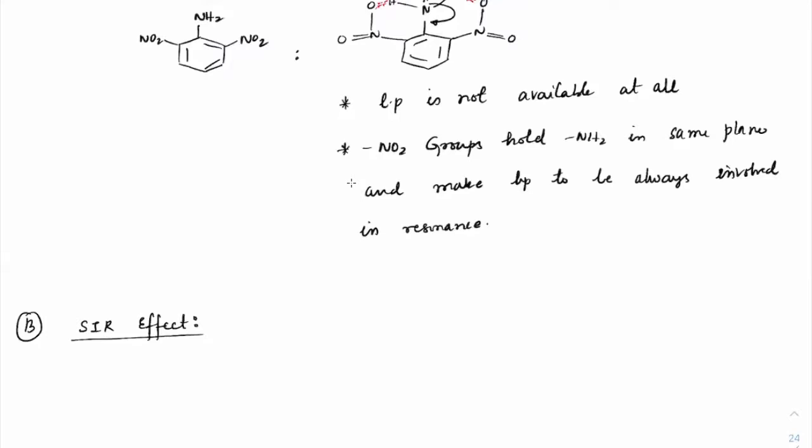If there is any bulky group, they should actually repel, but on the contrary, they are attracting due to intramolecular hydrogen bonding. Now the cases which I'm taking are SIR affected.